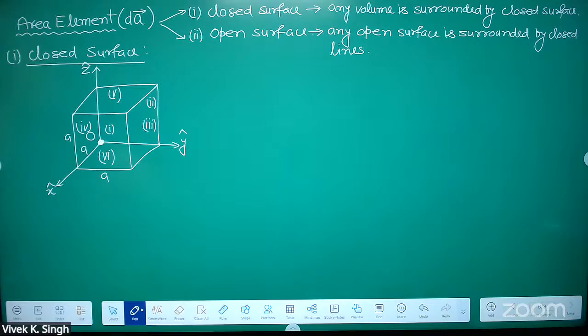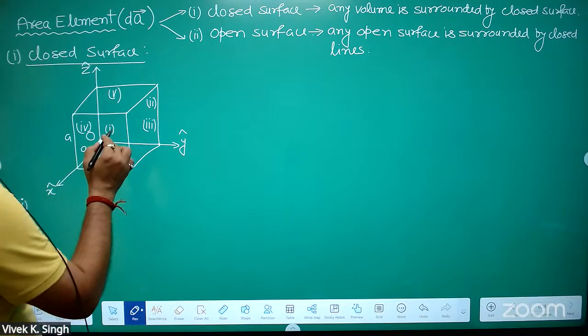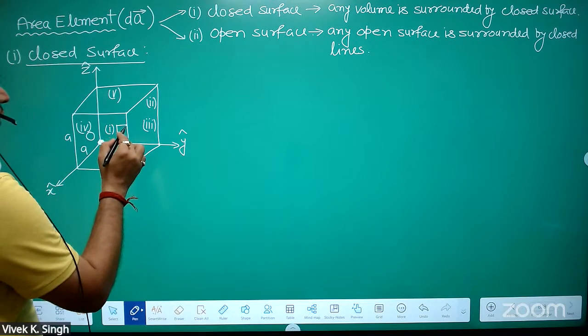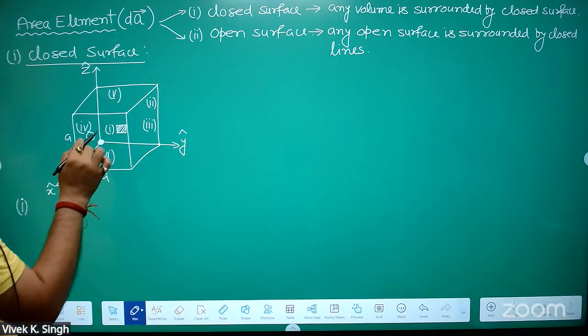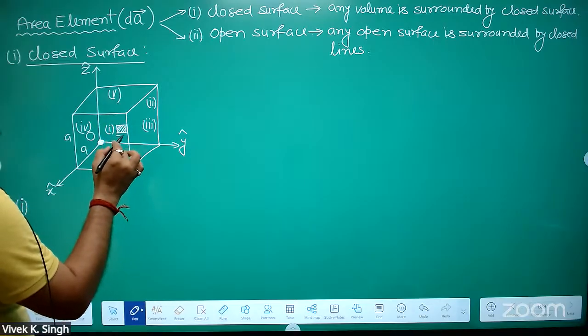Now we have to write the area element on each surface. So surface 1. If you draw an elemental area over this surface, what will be this length?